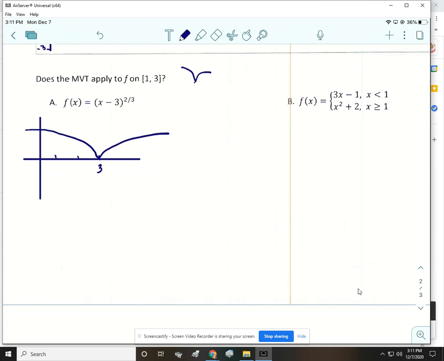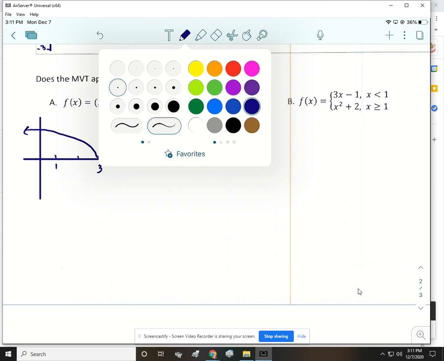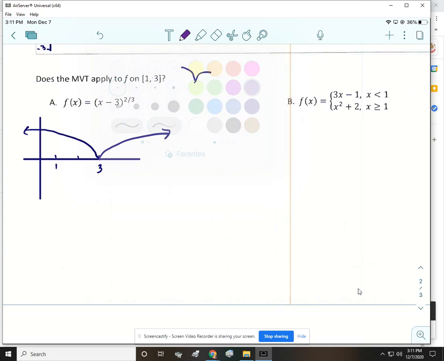So first, we want to know if the mean value theorem applies on the interval from 1 to 3. So is the function continuous on the interval? Yes. This function is continuous everywhere. So it's continuous on the closed interval. Let's talk about where the function is not differentiable. The function is not differentiable at x equals 3.